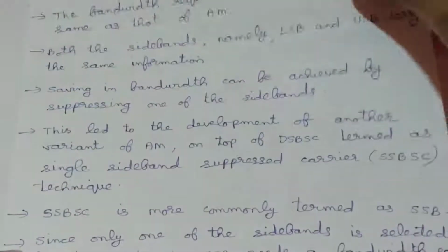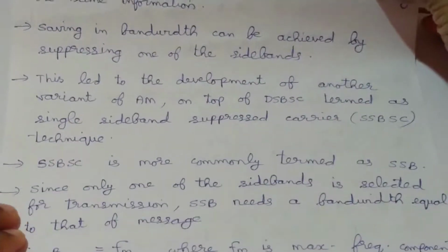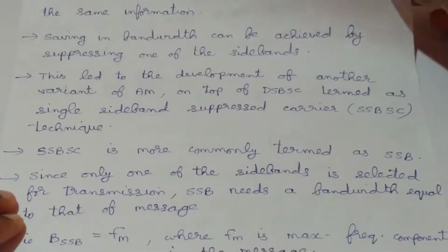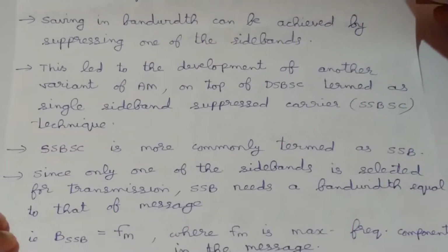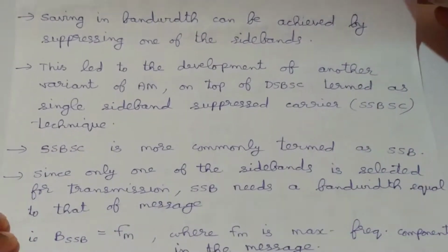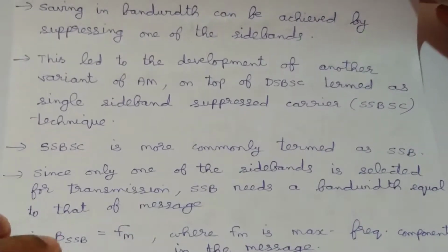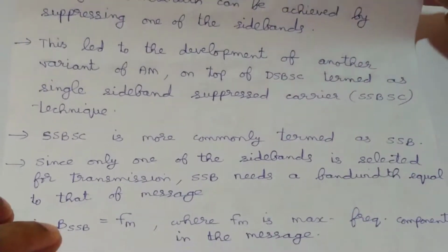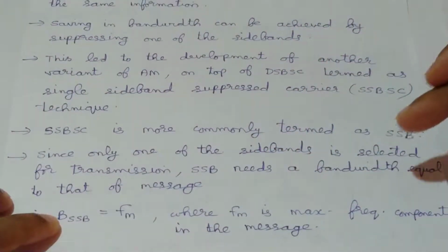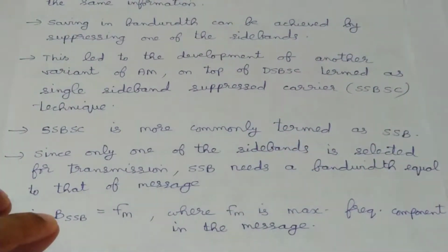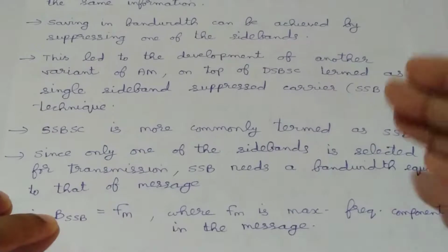Since only one of the sidebands is selected for transmission, single sideband needs a bandwidth equal to that of the message, because we are transmitting only one sideband. So the bandwidth required for single sideband is equal to FM, where FM is the maximum frequency component in the message. So by using this single sideband technique, we can reduce the bandwidth requirement.